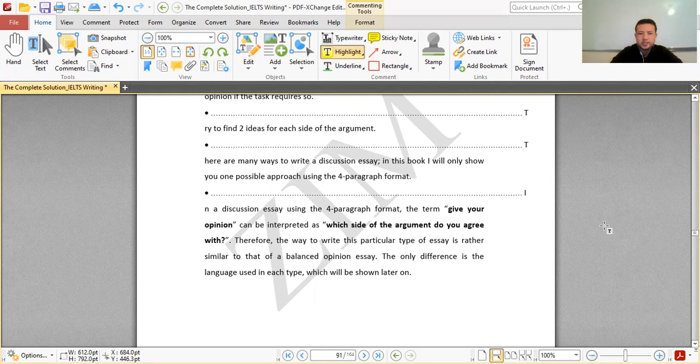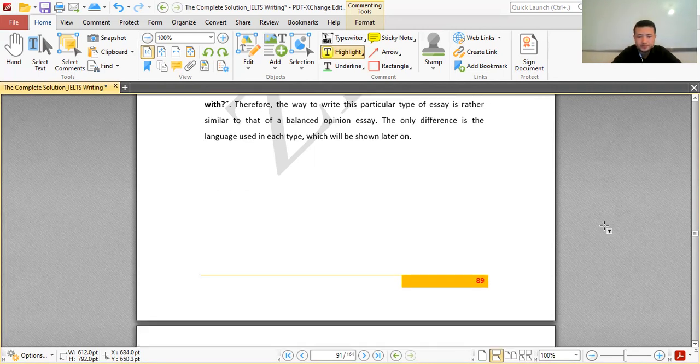The structure is similar to a balanced essay. I will mention again that the structure to write discussion essays is nearly similar to a balanced essay, but the only difference is the language used in each type, which will be shown later on.